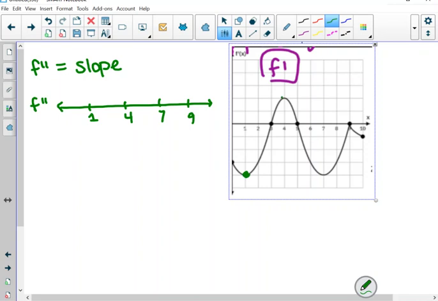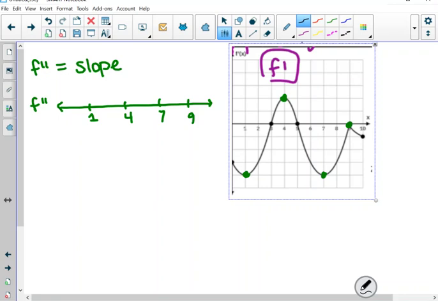Right here, right here, right here, right here. The slope of F prime is changing at all of those points. It's technically undefined at 9, and that's okay. That can still be a point of inflection. It still could be a place where concavity changes. The slope doesn't have to exist at a point to change sign on either side of the point.